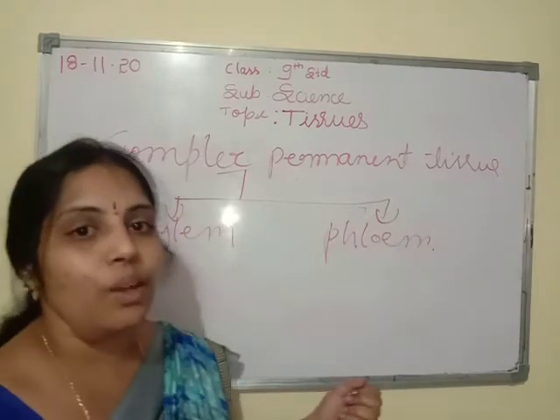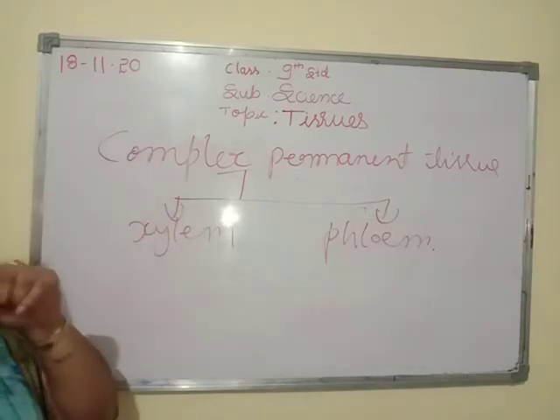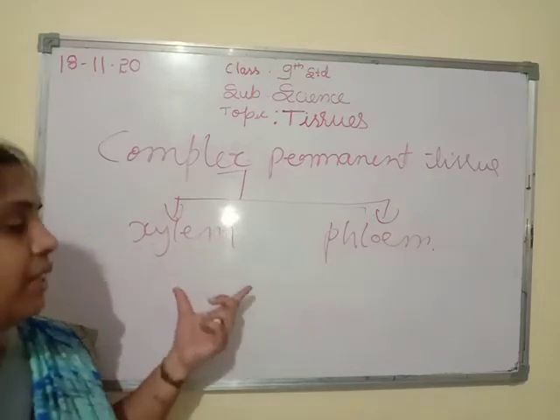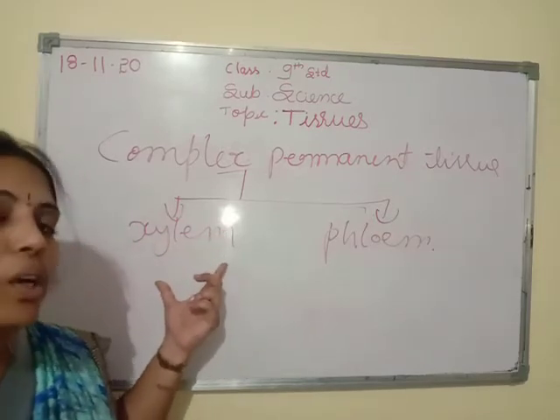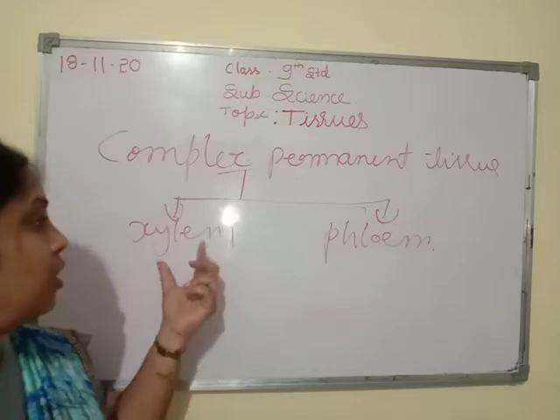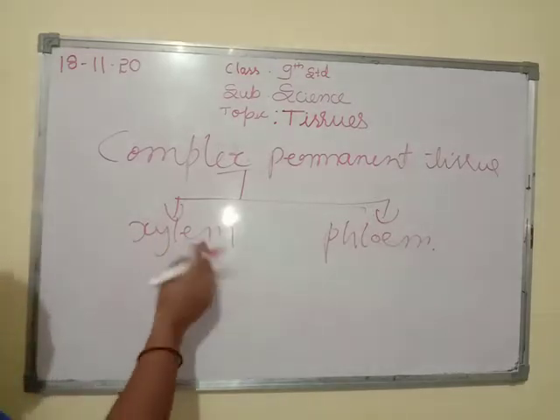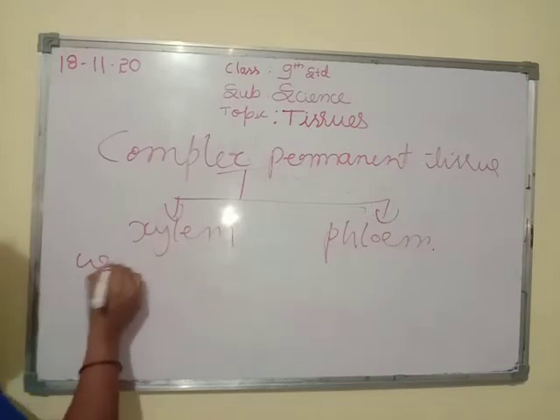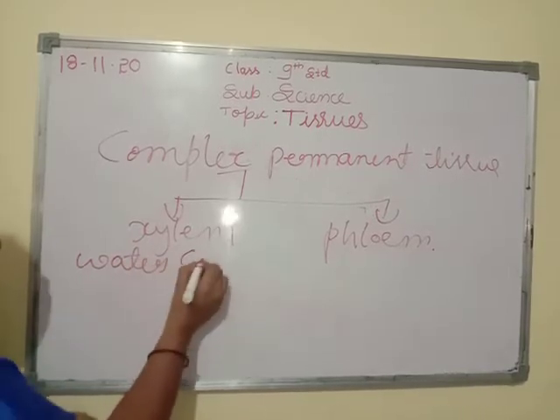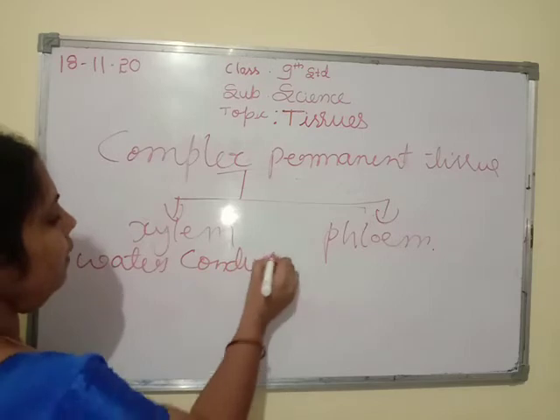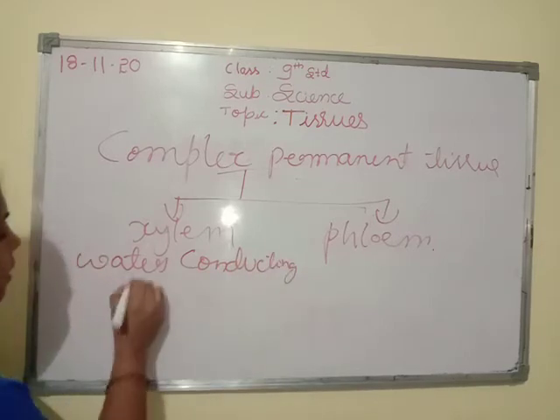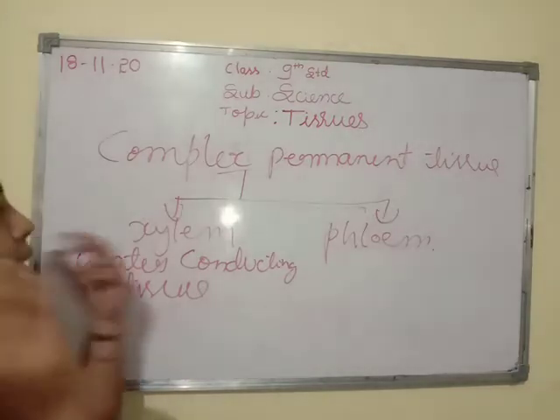How is it very complex? Because of its structure. What is the arrangement of the structure of this xylem tissue? Xylem is also known as the water conducting tissue.